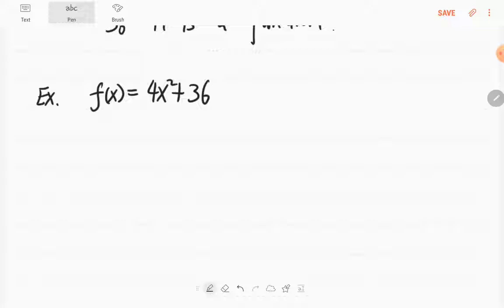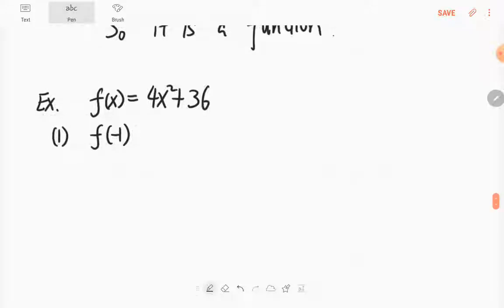Now let's look at some calculations. The first one, f of -1. If the input is -1, what is the output? The f values are called outputs.